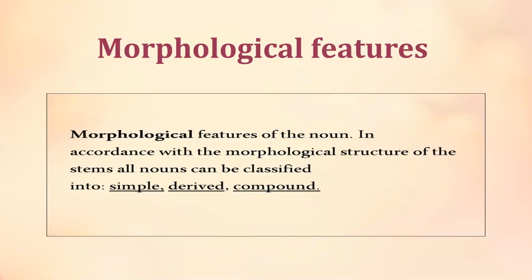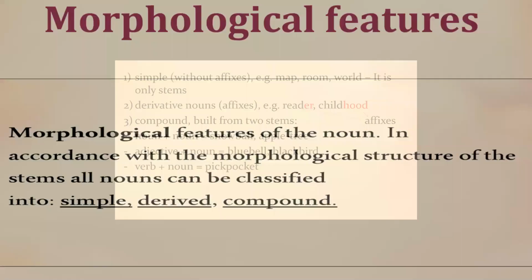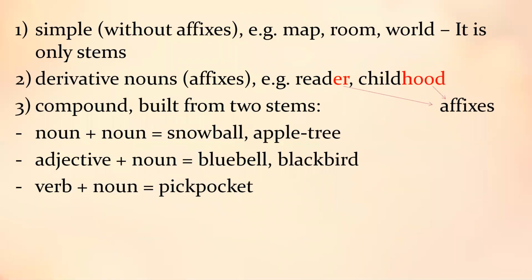In accordance with the morphological structure of stems, all nouns can be classified into simple, derived, and compound. Simple nouns are nouns without affixes, for example, map, room, world, book, table, pen, etc. They are only stems.